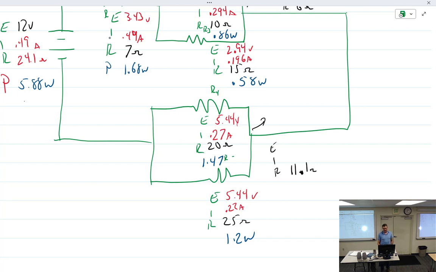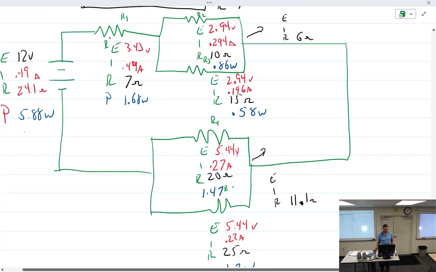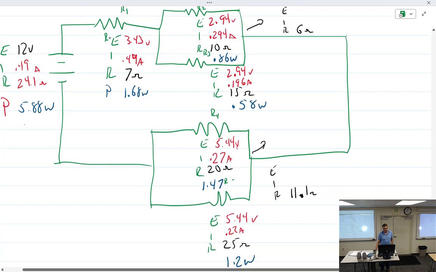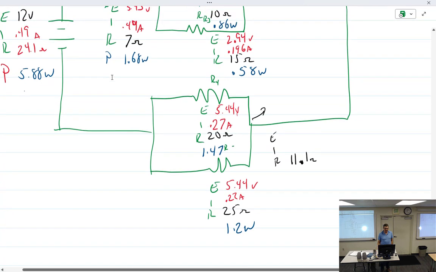And if we add all that together, I did a lot of rounding in here. 1.68 plus 0.86 plus 0.58 plus 1.47 plus 1.2 is, what'd you guys come up with? If you add all those up around there.